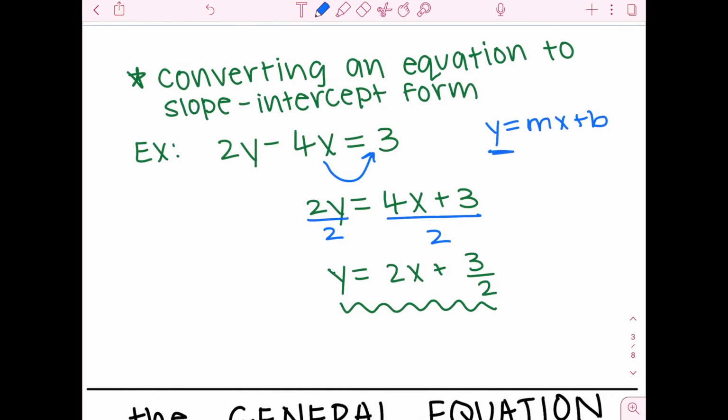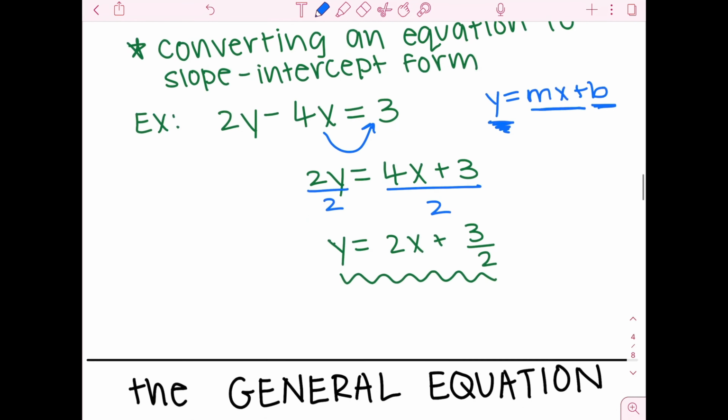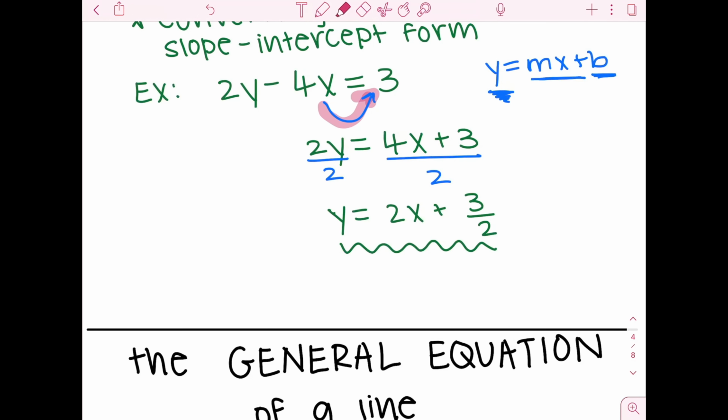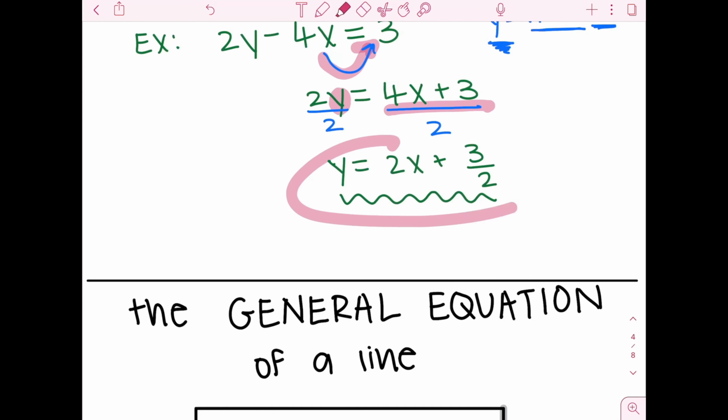Basically, we're going to have all the y's on the left, the x and the constant on the right-hand side. So first of all, we're going to move the negative 4x to the right side, and then we're going to divide by 2 because we want to isolate the y right here. So then you're going to divide the entire right-hand side by 2, and you'll get y is equal to 2x plus 3 divided by 2.